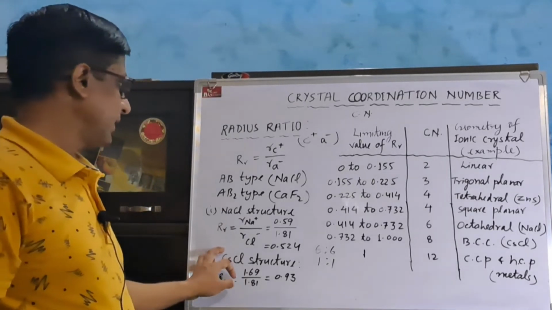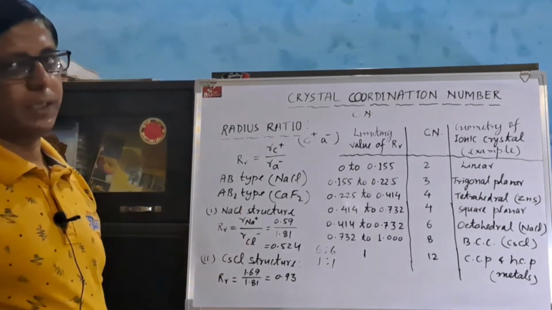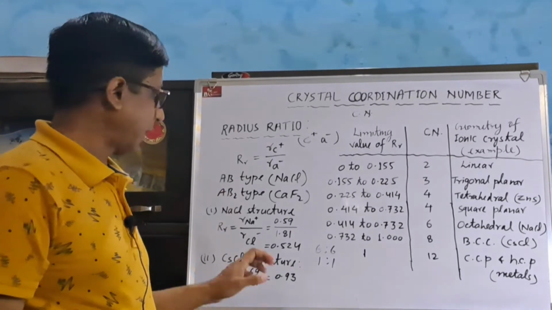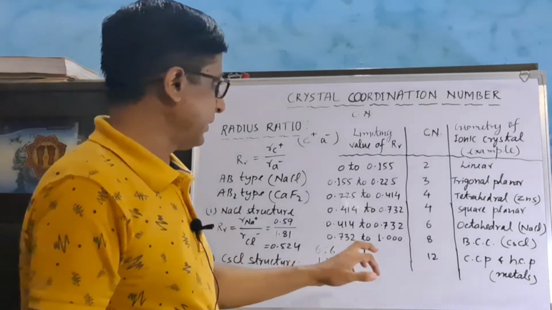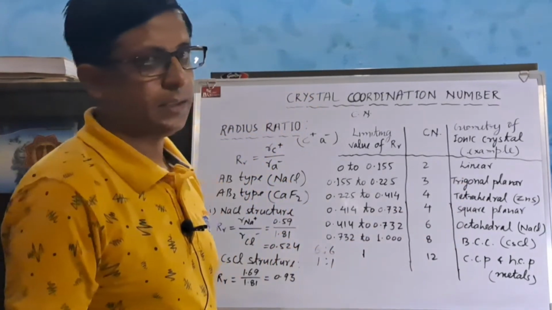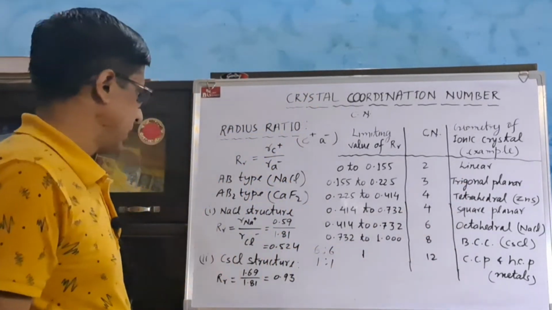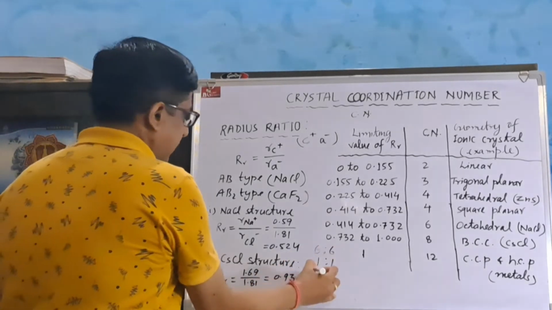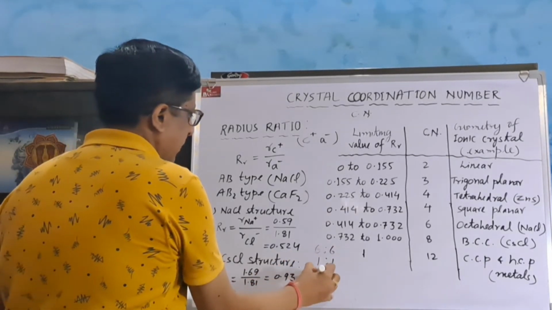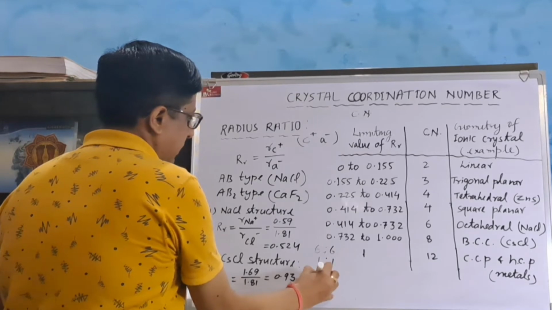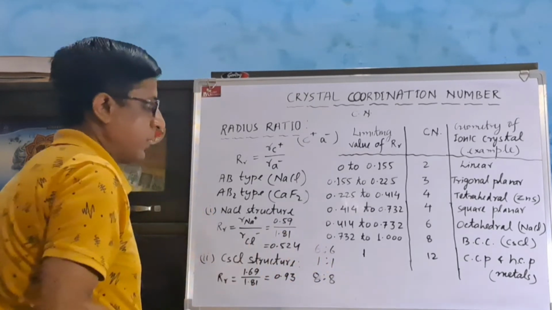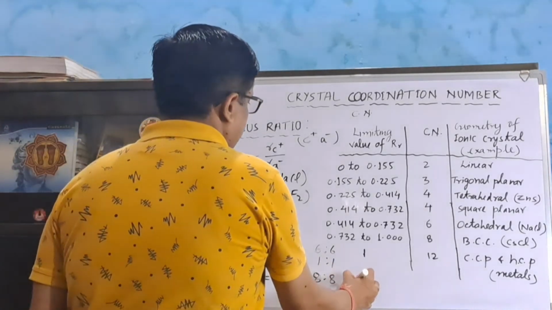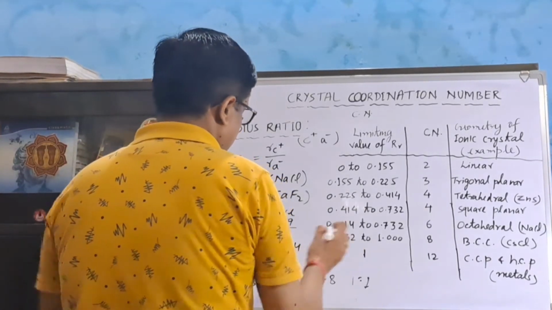Thus, each cesium ion is surrounded by 8 equidistant chloride ions, and similarly each chloride ion is surrounded by 8 equidistant cesium ions. Therefore, its coordination number is 8:8, and its stoichiometry is 1:1.